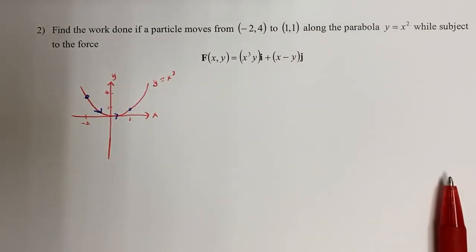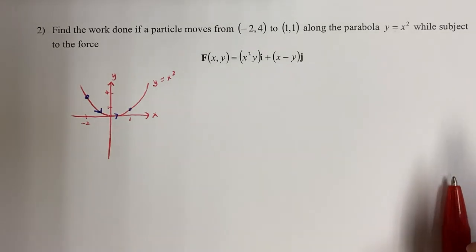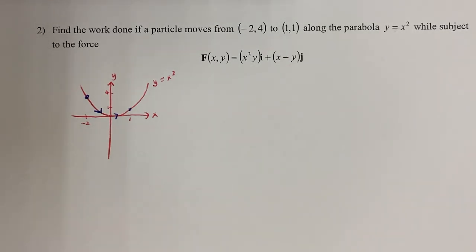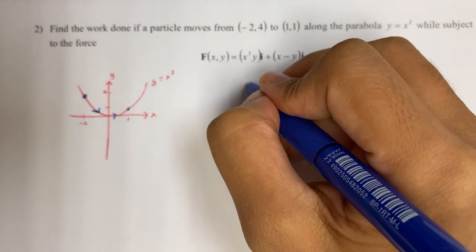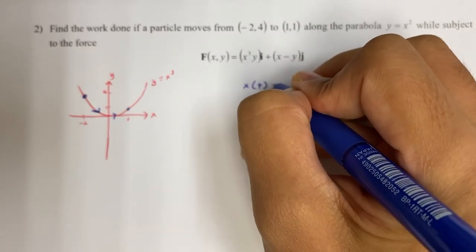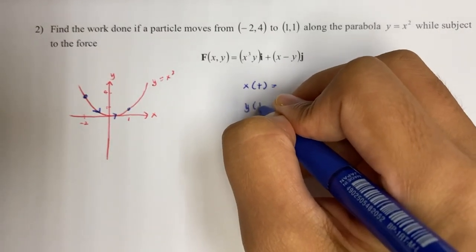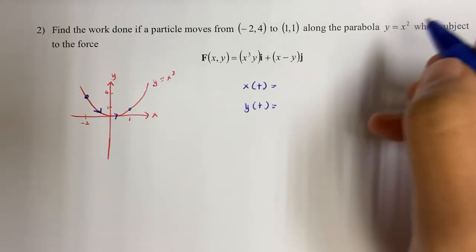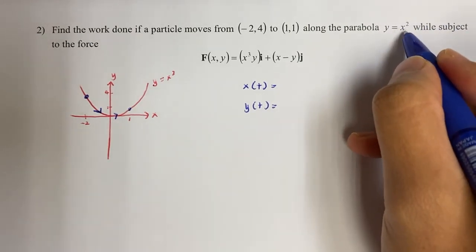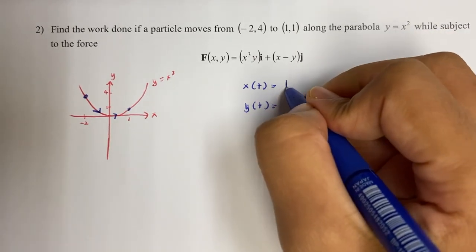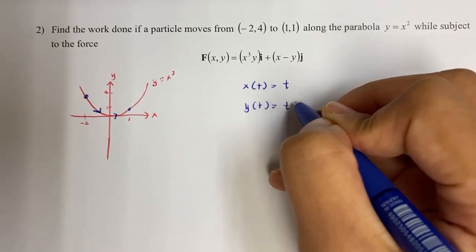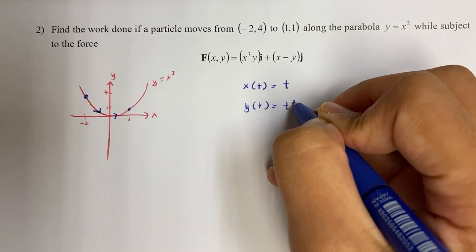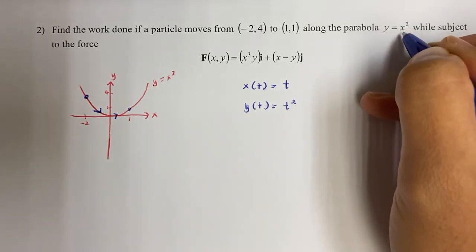First thing first, we need to find the parametric equation, x(t) and y(t). For an explicit equation, we can just consider x equal to t. So x(t) is equal to t, and when I substitute x equal to t, my y(t) is equal to t squared.